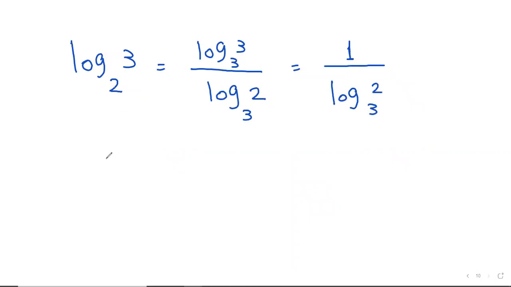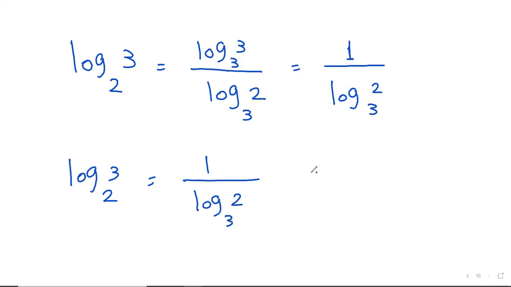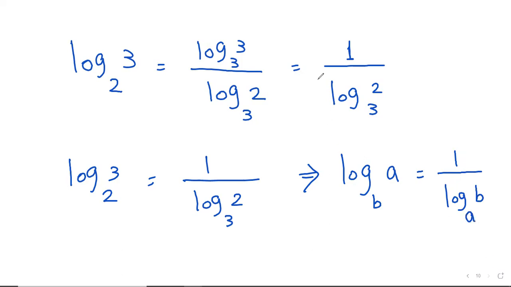This is the inverse rule. So we reach an important conclusion, which is log a in the base b equals 1 over log b in the base a. That's it.